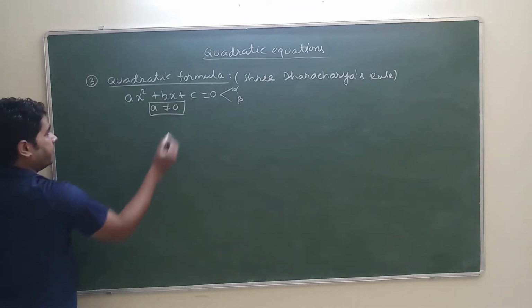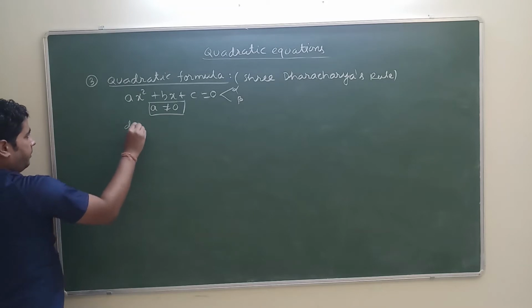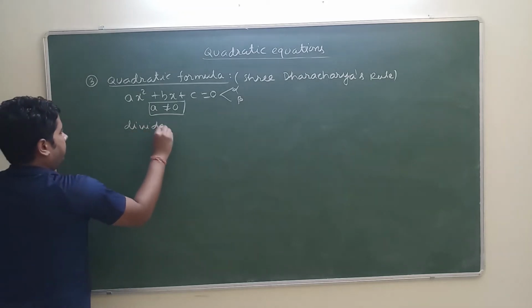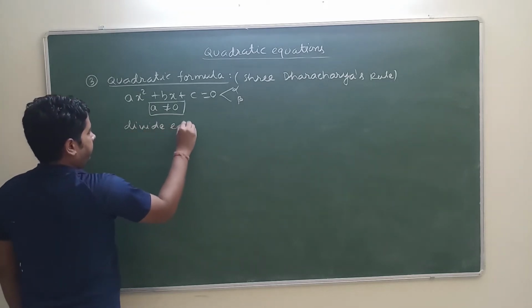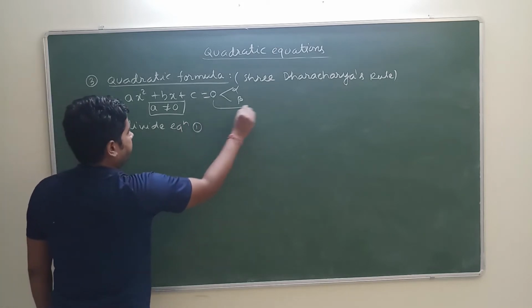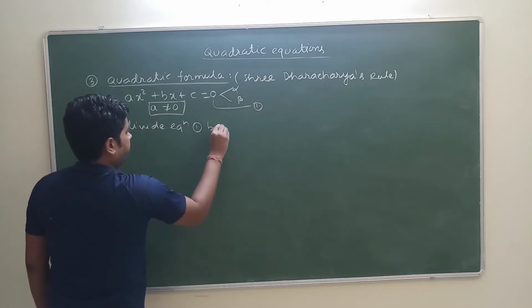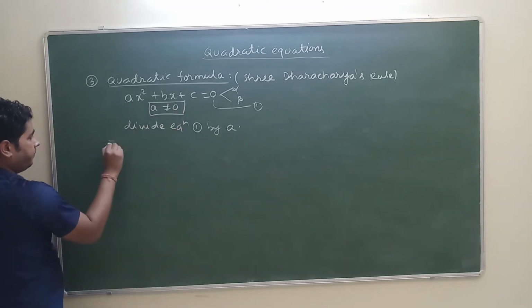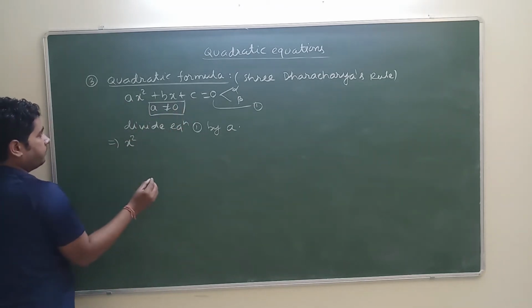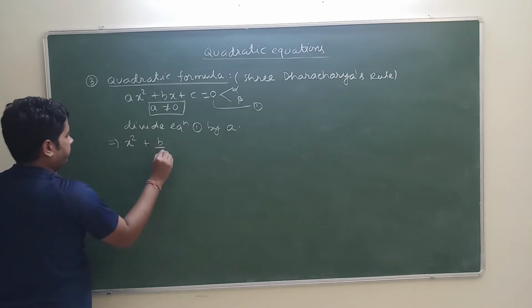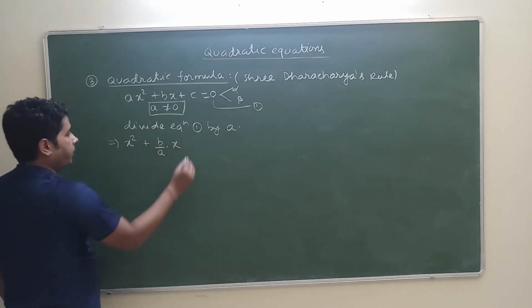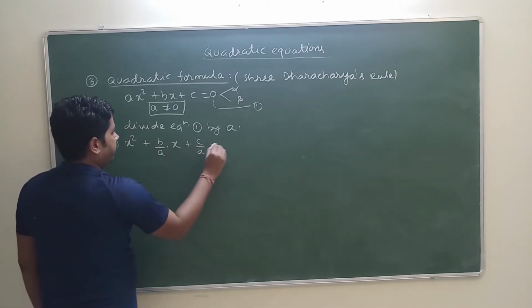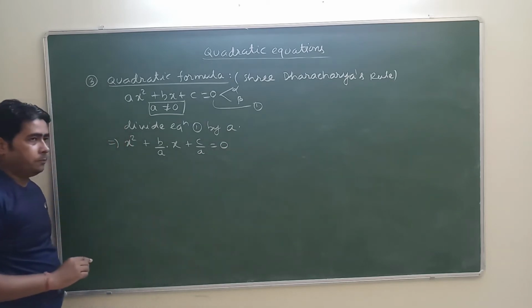Let's divide this by a. Let this be equation 1. If you divide equation 1 by a, it will be reduced to x square plus b by a into x plus c by a is equal to 0.